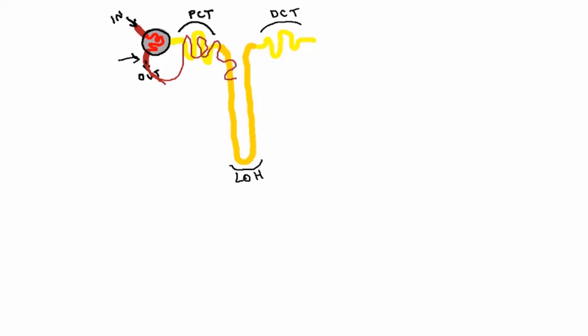It wraps around the loop of Henle, gets really close to it, and it wraps around the distal convoluted tubule, the DCT, like that.